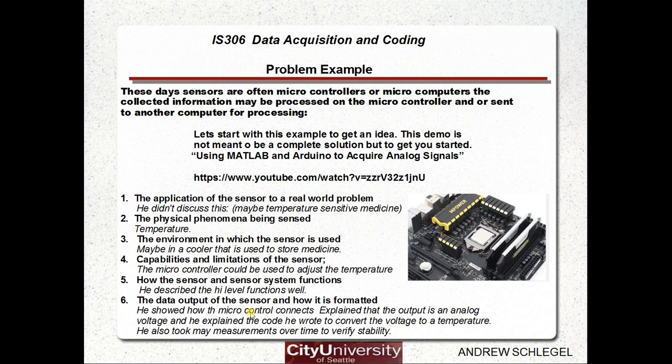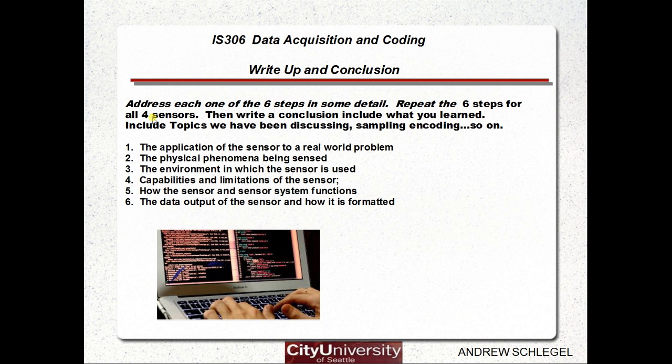But I do want you to understand, if you really cover sampling, so you have to do, let's go to the next page, you have to do 4 sensors. So if you really covered sampling in one of the sensors, you don't have to go into detail into sampling in all of the sensors.